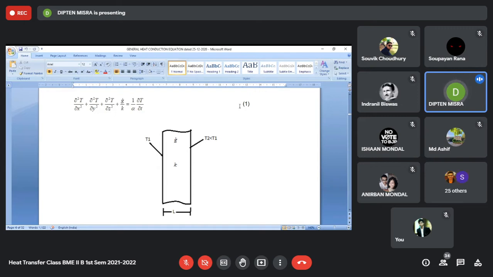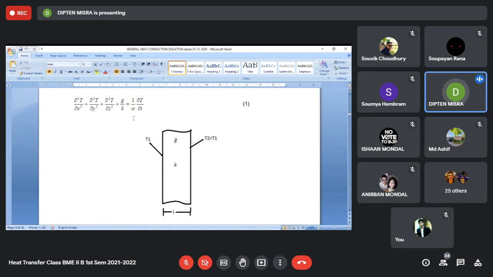So this equation 1, which is a more generalized equation, except that this k is uniform, that is why we can write it outside these differentials. So this is an equation that is valid for a uniform thermal conductivity, and that too independent of the direction. So this is valid for a wall having isotropic thermal conductivity of constant magnitude.